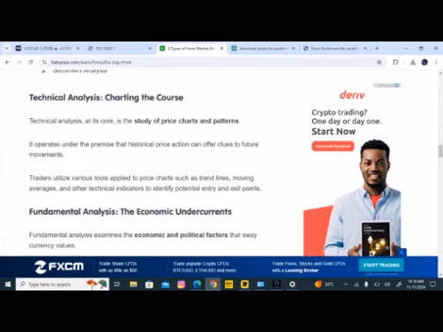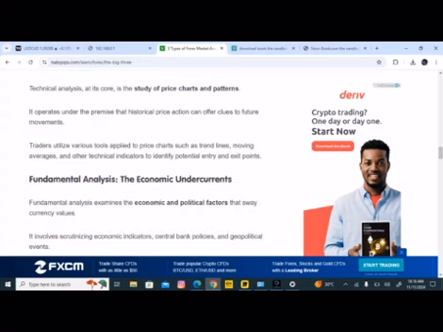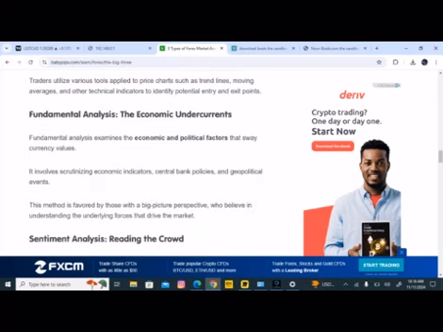Fundamental involves news trading, involves the economy, what's going on in the country. Fundamental analysis examines the economic and political factors that sway currency value. It involves scrutinizing economic indicators, central bank policies, and geopolitical events.